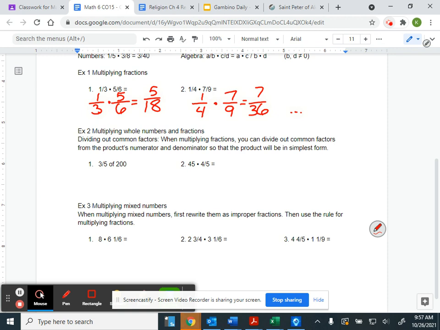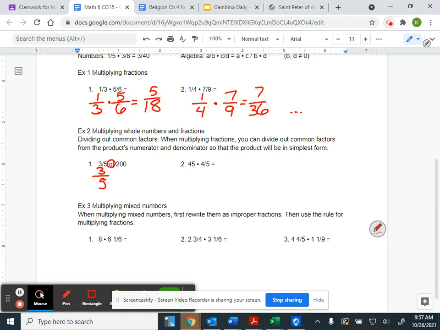Now we need to look at multiplying whole numbers and fractions. So, dividing out common factors. When multiplying fractions, you can divide out common factors from the product's numerator and denominator so that the product will be in the simplest form. So let's look at how that looks. Here we have 3/5 of 200.